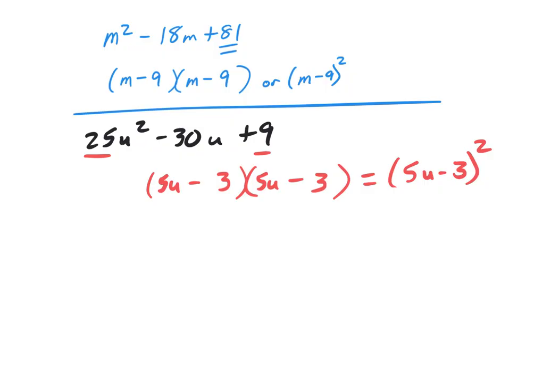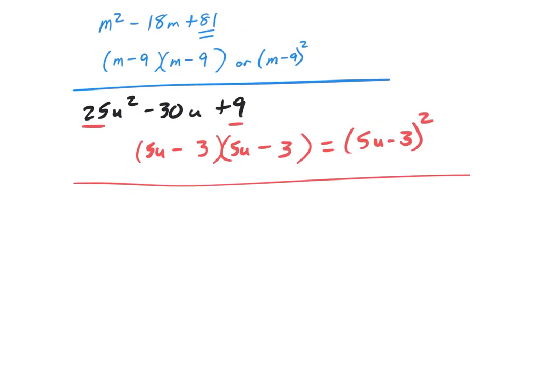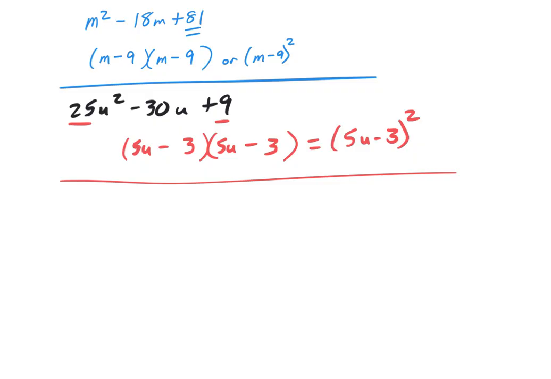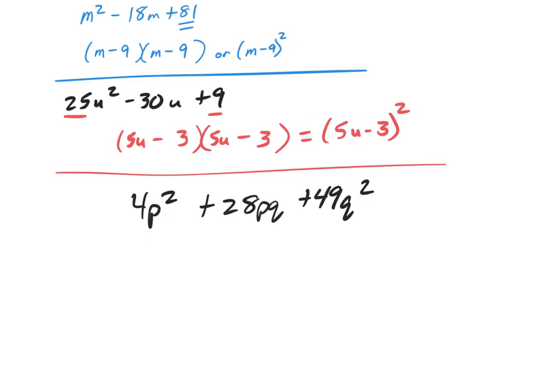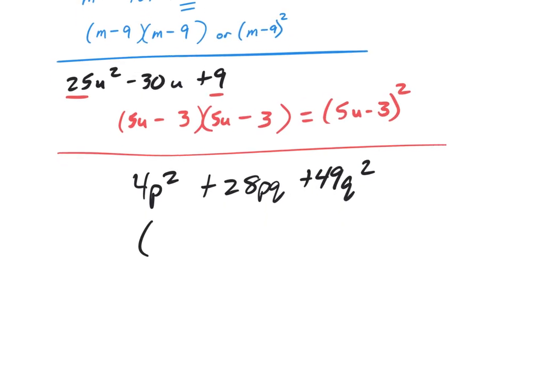Another one that's a little bit different, and we saw one like this a little bit yesterday, is if we have a second variable in the mix. You're going to have a few like that today, where you're going to have a second variable in the mix.